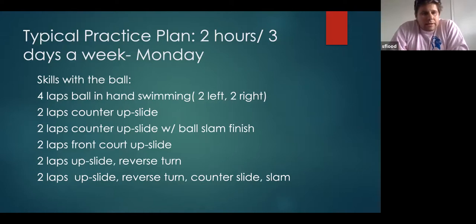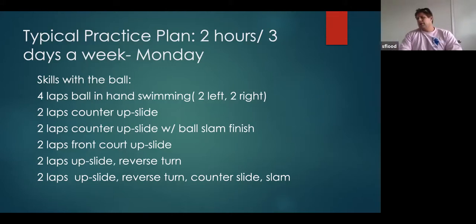And then, like Justin said, if you want to attack, the next 2 laps would be upslide, attack the defense, they jump at the ball, reverse turn. Going through that motion a bunch.